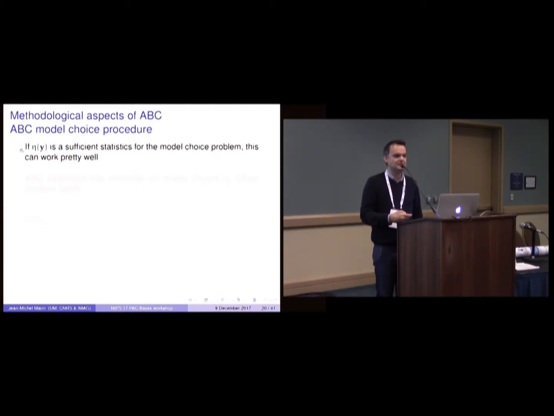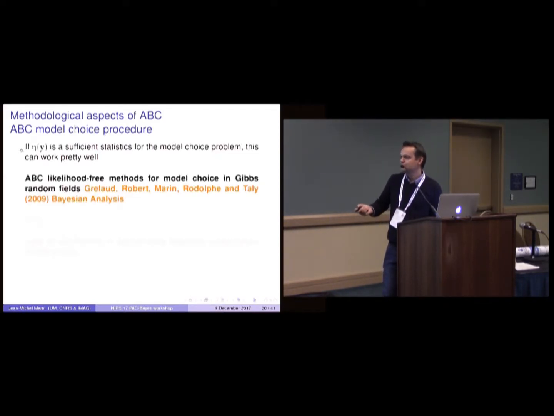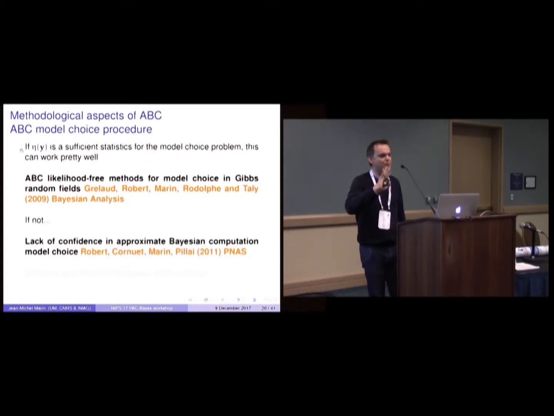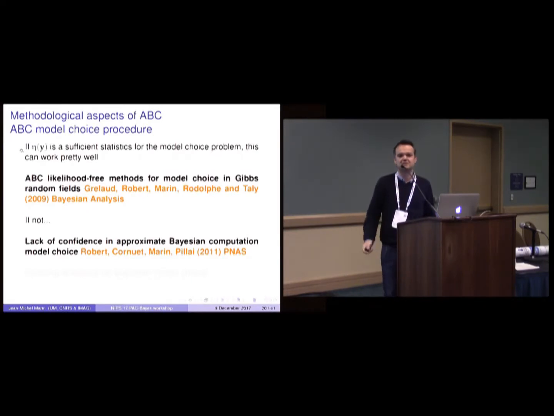Okay, so in practice it's not so easy to find statistics which have information to discriminate between models, and you can have some surprises here. So it can work quite well, but if not, we published this paper in PNAS as a warning. Be careful, summarization has to be taken into account. You have to take care of the way you summarize your data. It's not easy to have a summarization of your data that has some information to discriminate between models.